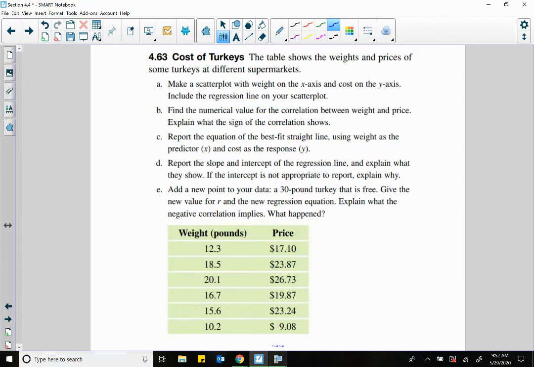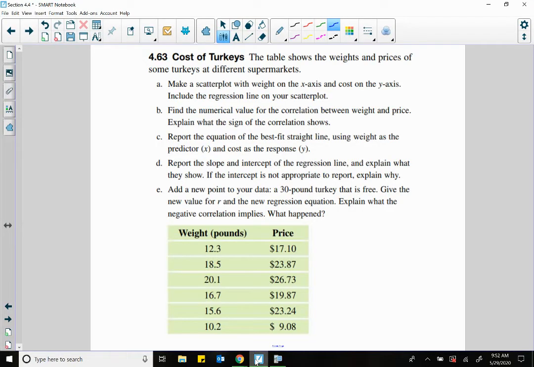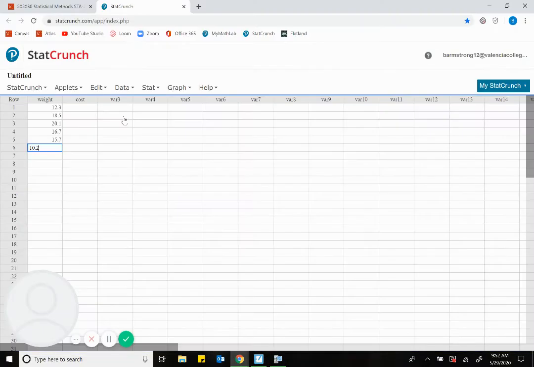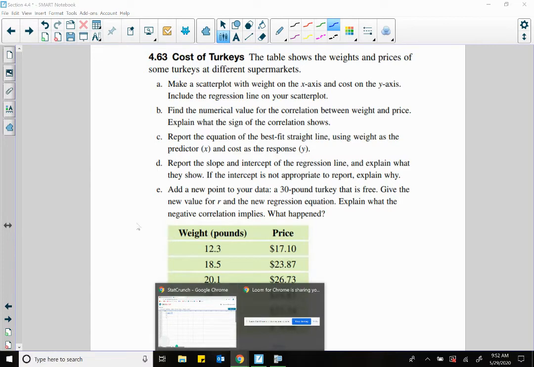right up front, where in the calculator, we got to get onto another screen. So 16.7, 15.6, and 10.2. 1710, 2387, right? 2673, 1987.